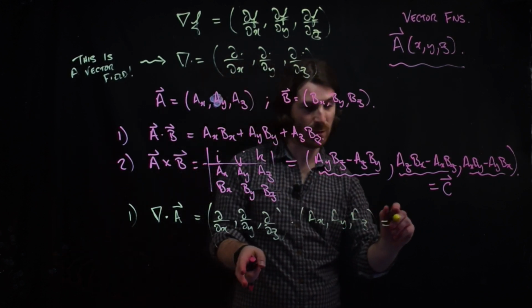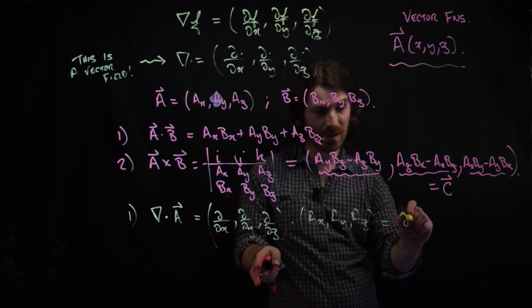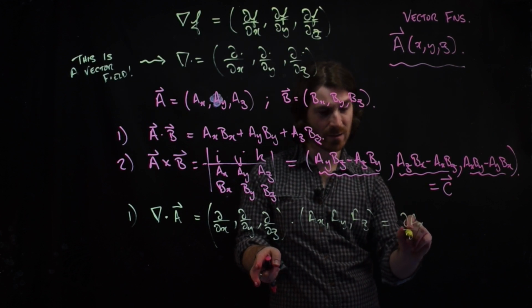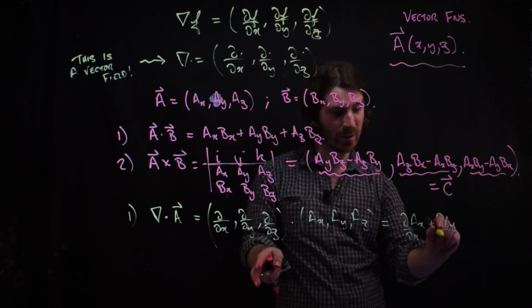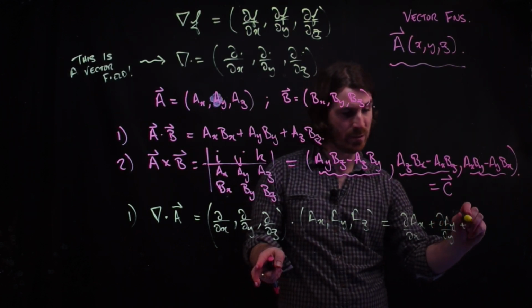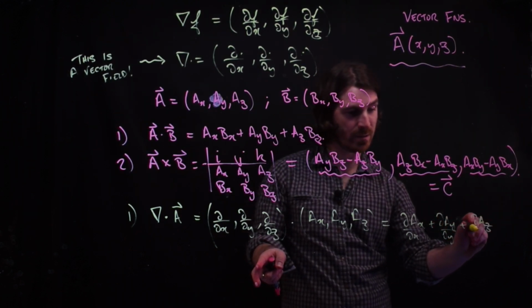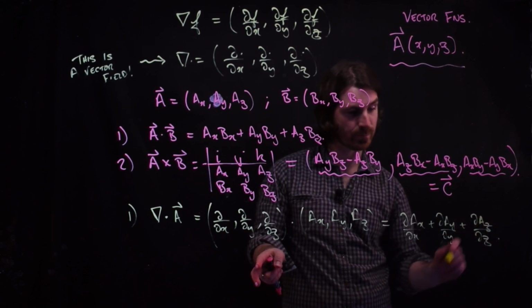And this equals dax by dx plus day by dy plus daz by dz.